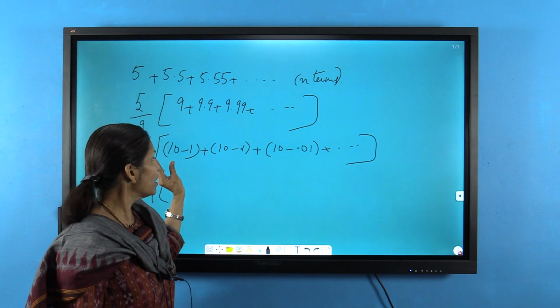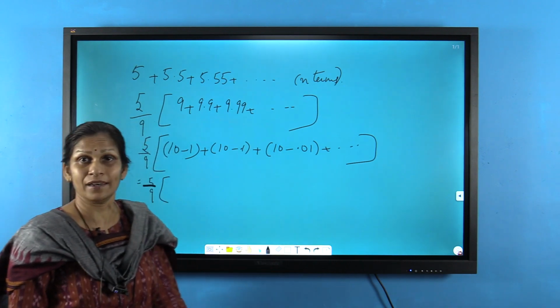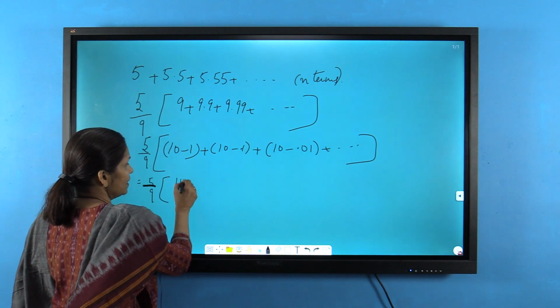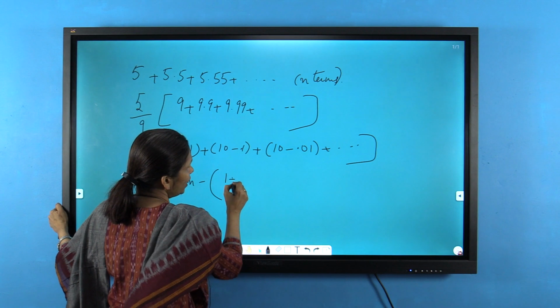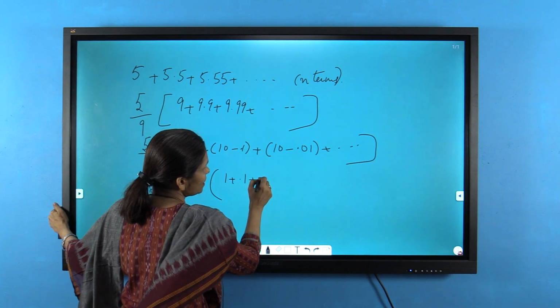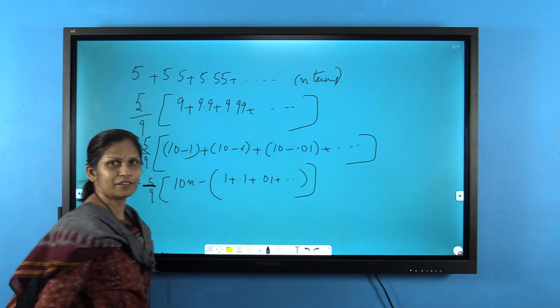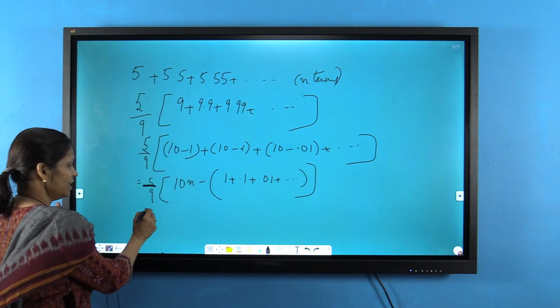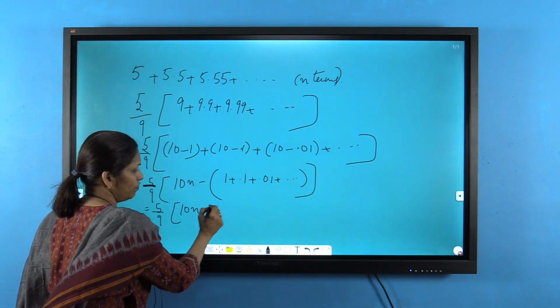So, n such 10s can be added together to get 10n. So, this is 10n minus, you have 1 plus 0.1 plus 0.01 plus so on and n such terms. So, what is it? It is 5 by 9 into 10n minus.